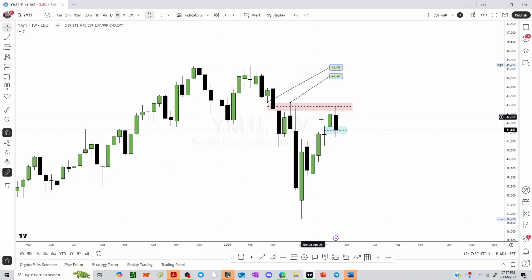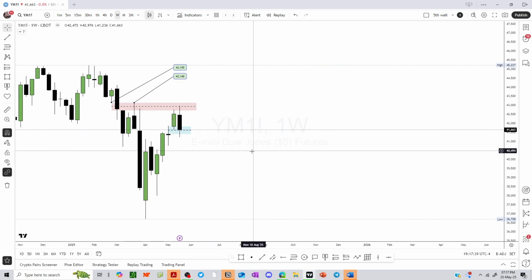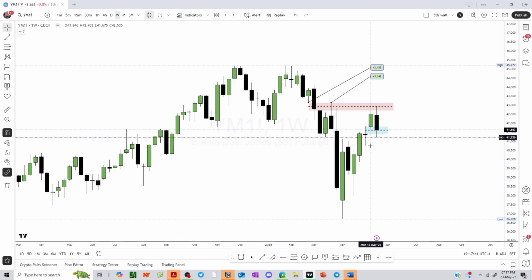Right, so we can see on this time frame and on this asset class, the YM, the E-mini Dow Jones futures, that it ran the previous week's high and ran the previous week's low, and pretty much traded inside the previous two weeks' candle.